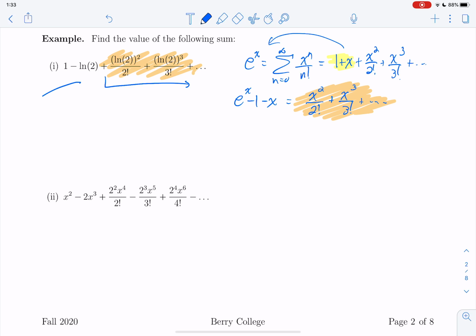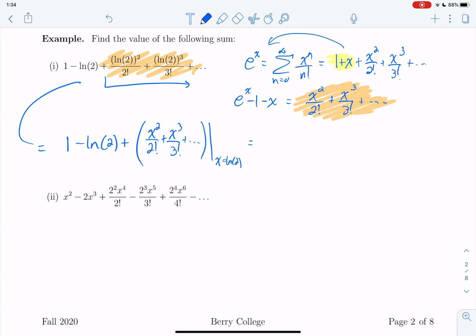So what that means is that this overall sum is just 1 minus the ln of 2 plus, specifically, x squared over 2 factorial plus x cubed over 3 factorial, etc., evaluated when x is equal to the ln of 2, which we see here is equal to 1 minus the ln of 2 plus this equivalent formulation, which is e to the x minus 1 minus x, evaluated at x equals ln of 2.